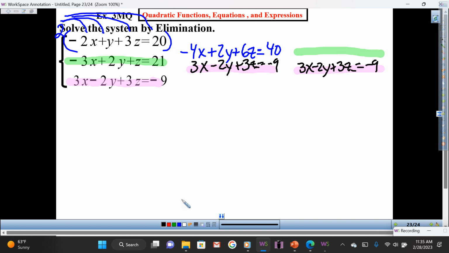And the green one, this one is negative 3x plus 2y plus z equals 21. All right. So, we're using what method? Elimination. So with that said, I'm going to start with these two. Pass someone, Jaden.